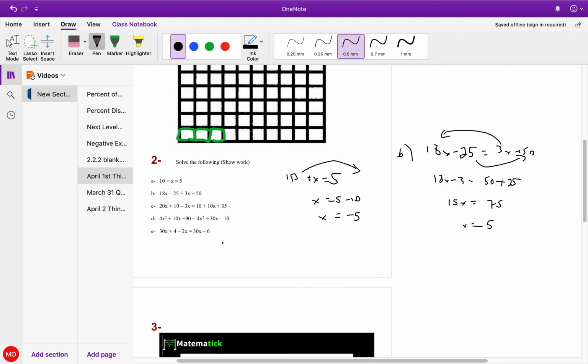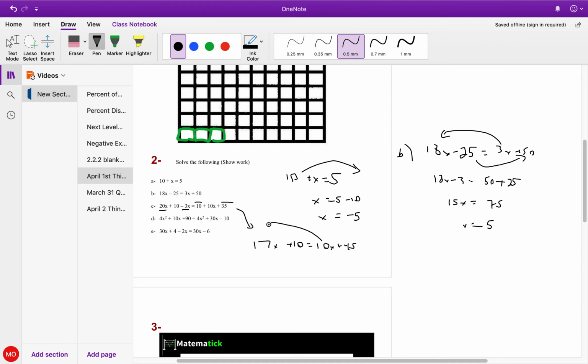I'm going to do this ahead of time. First thing I'm going to do is combine these on this side, and I'm going to combine these on this side. So 20 minus 3 is 17x plus 10. That's this question right there, equals 10x plus 45.